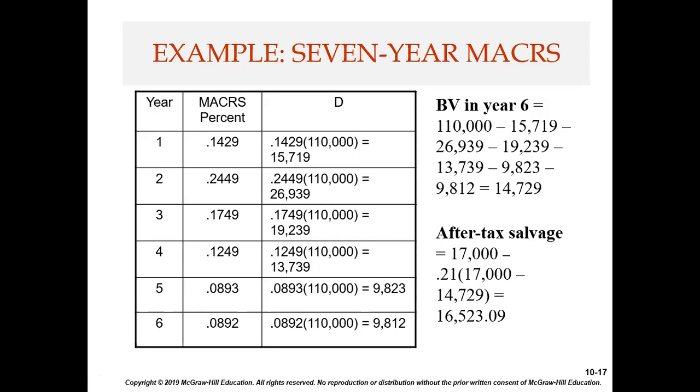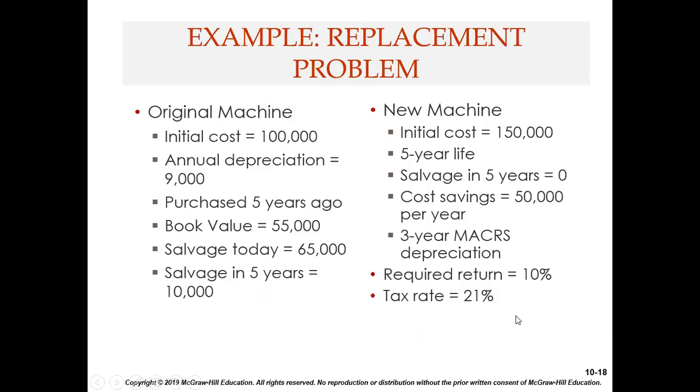Subtract that tax, $16,523.09 would be your cash flow on this asset after the after-tax salvage value. So for purposes of looking at our project, we have to include that cash flow of $16,523.09 as the end amount at the end of year 6. Are there any questions?